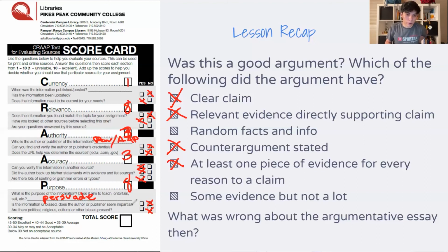Okay, so the total score, 8 plus 3 plus 3 plus 8, 23. Yeah, 23. So it didn't really score that high. So this whole argumentative text that we went through wouldn't be the best text to believe.